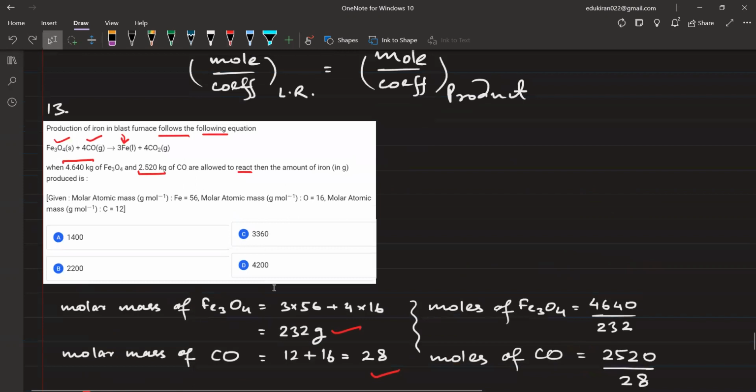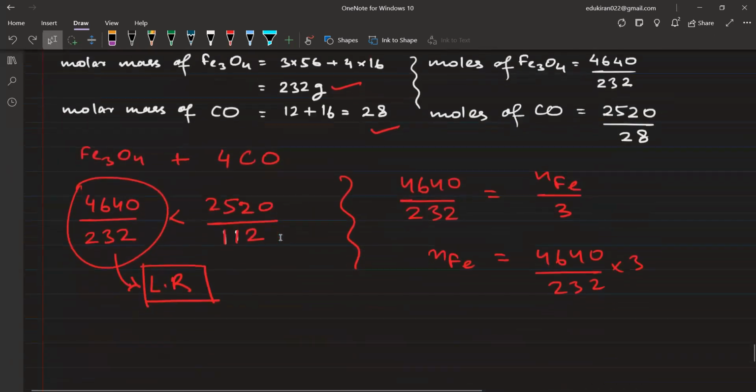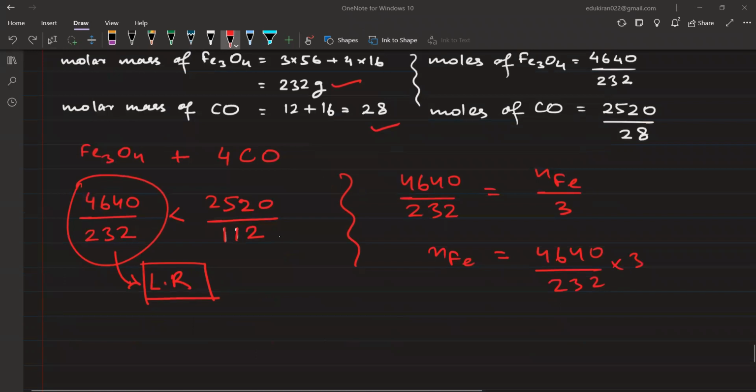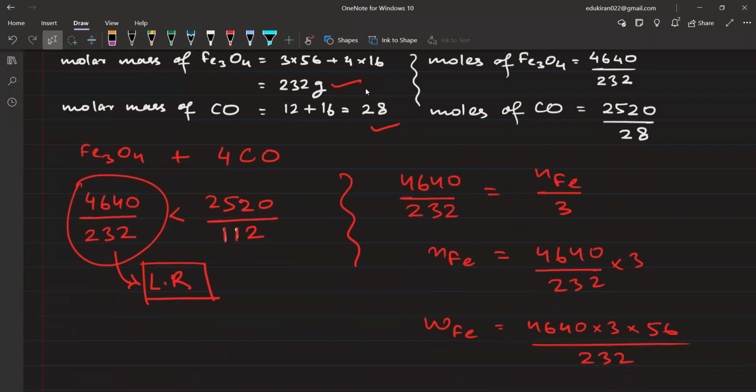We have to find mass, not moles. The amount of iron produced will be in grams. Mass of Fe will be equal to 4640 into 3 into 56 divided by 232. This is equal to 3360 grams.